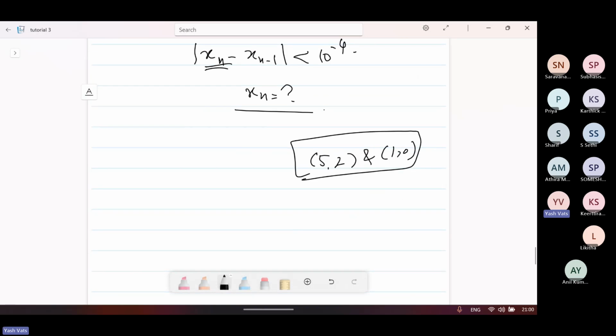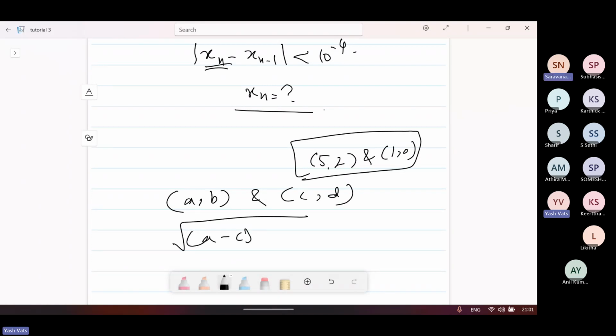So the formula to find the distance between (A, B) and (C, D) is the square root of (A minus C) square plus (B minus D) square. It's the basic one. So you understand how I make this function, right?